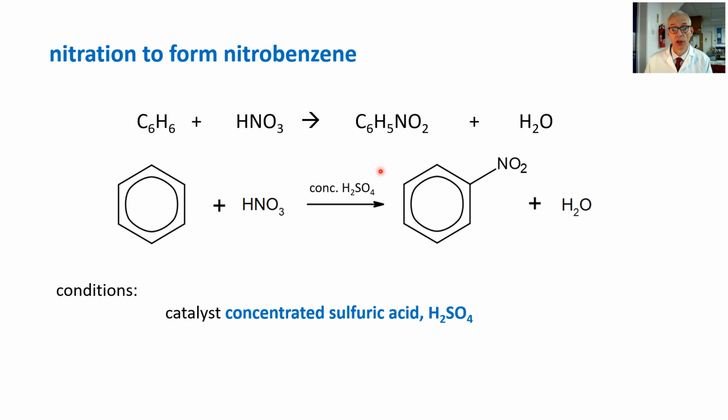So if you see that in a textbook or an exam question, that's simply telling you about the conditions. So concentrated H2SO4 above the reaction arrow, that is not a reactant, it is a catalyst.